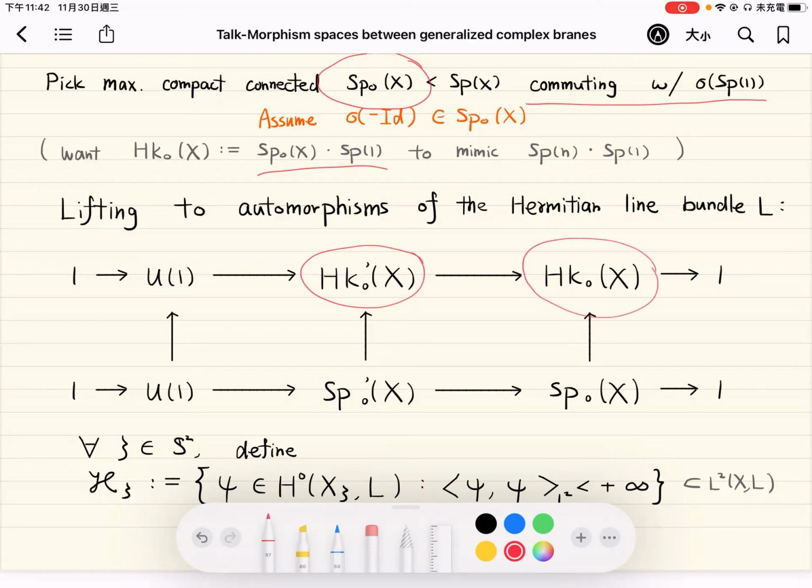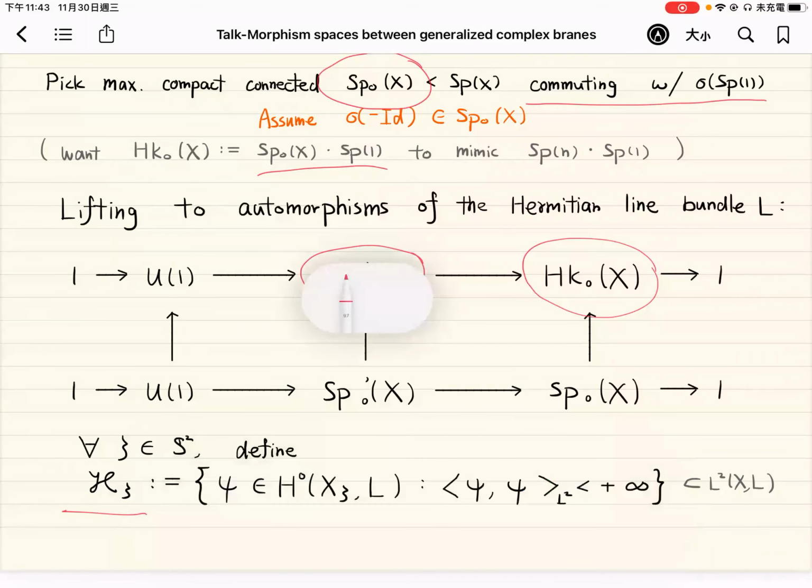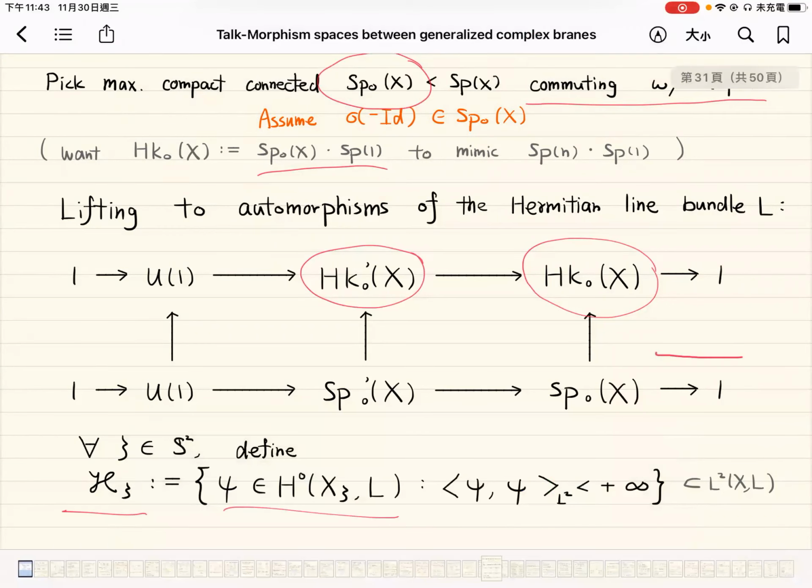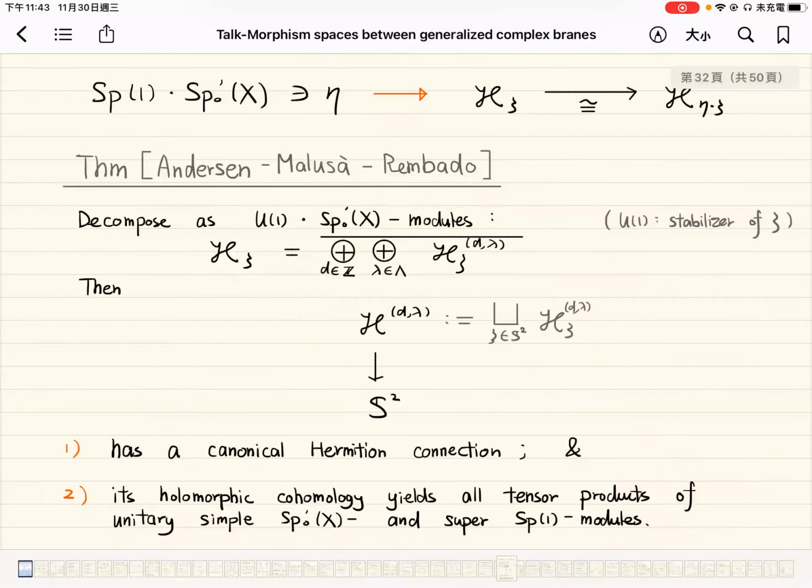Then with this kind of setup, they can also define the quantum Hilbert space with respect to different complex structures as the space of holomorphic sections of the line bundle here. Then they have the statement, so this is the theorem. I will go through it briefly.